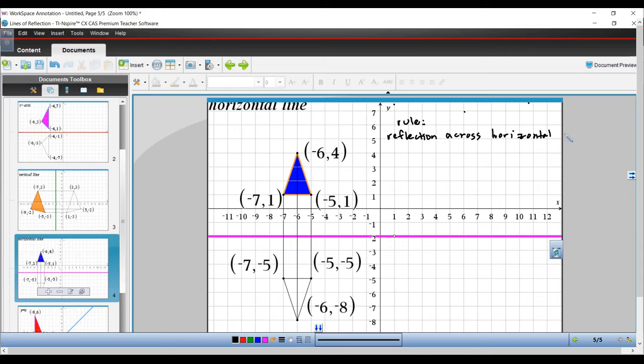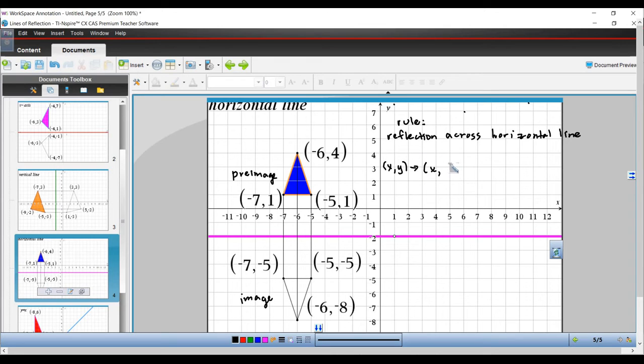And when you reflect across a horizontal line, again, this is our pre-image. This is our image. Let's take a look at what happens. All right, the x values stay the same, right? So when I do my reflection, the x values stay the same, but what happens with the y values?